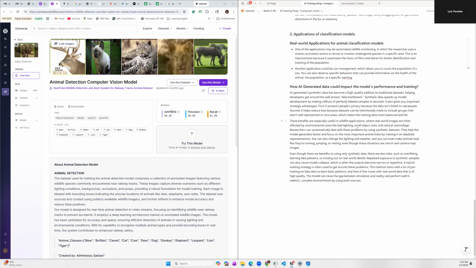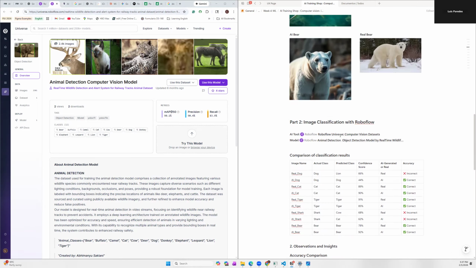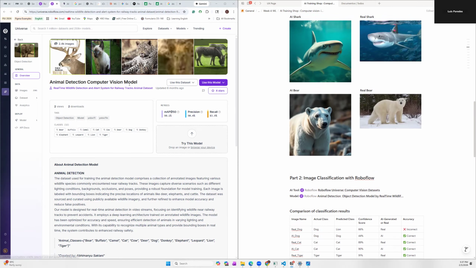That helps you close the gap between simulation and reality and perform well in realistic, complex environments by using both sources. So this is my summary about the animal detection computer vision model.